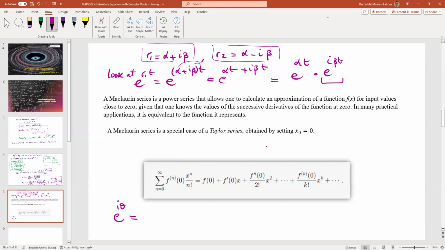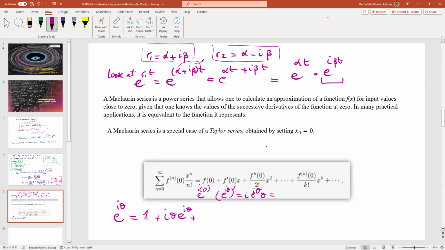Of course, you're going to have the first one here, e to the i 0 will be 1. Then the first derivative is going to give you e to the i theta, times i theta, so it's going to be i theta, exponential power i theta. All right, then you keep going.